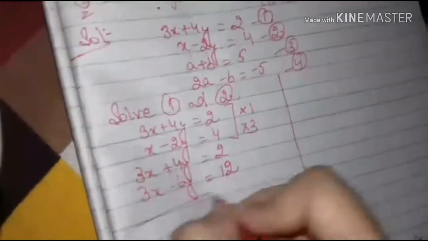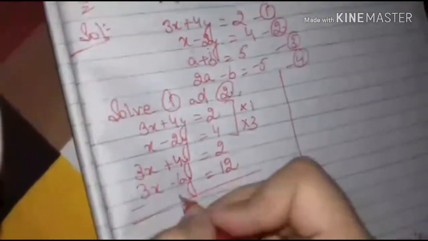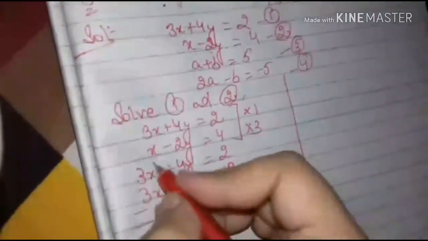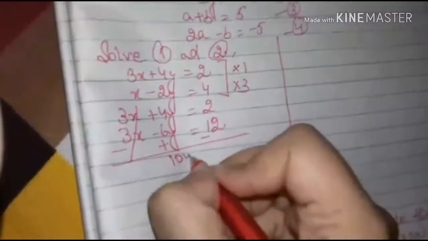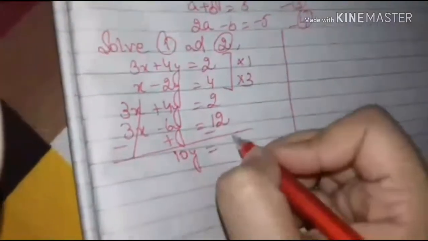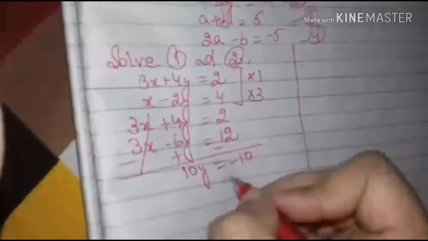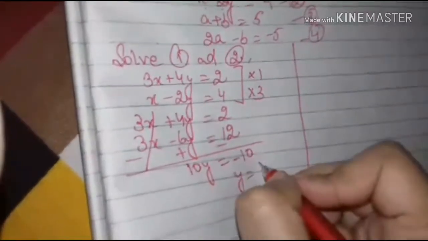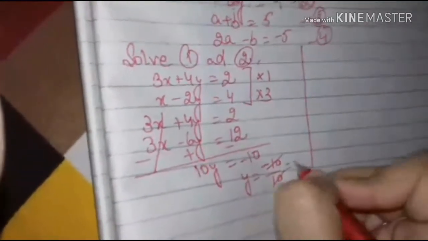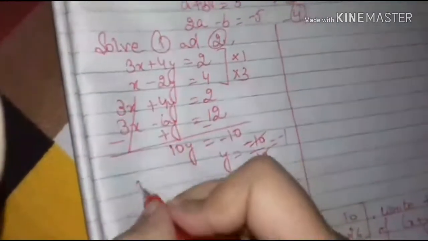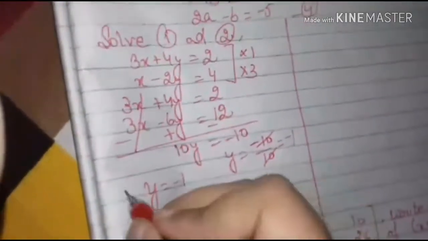Here are these two equations. Change the sign and cancel out. This will be 10y is equal to -10 and y is equal to -10 upon 10, so y is equal to -1.